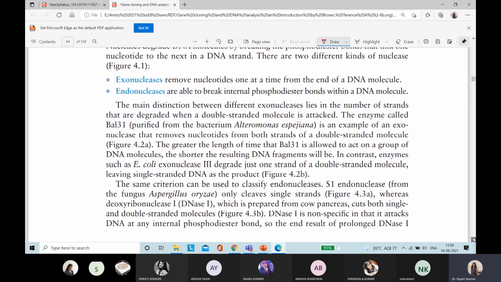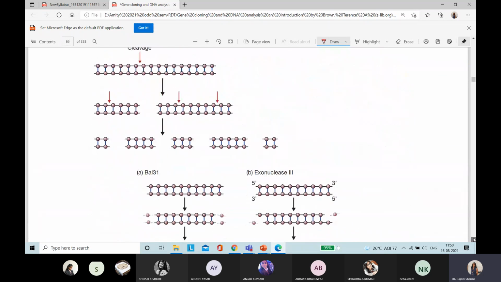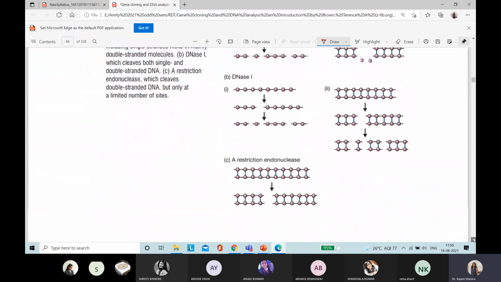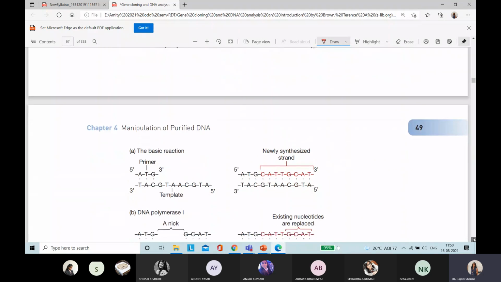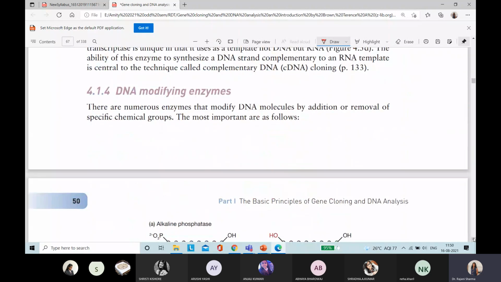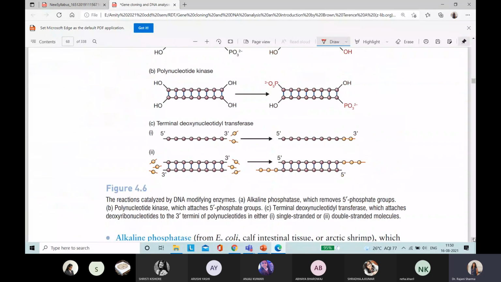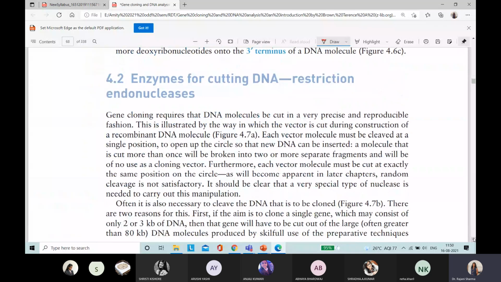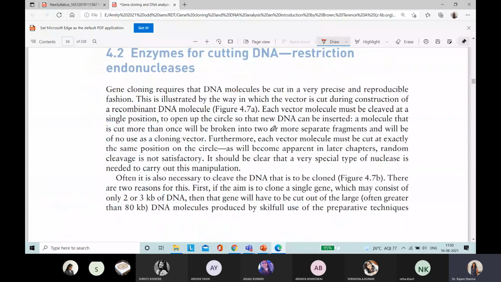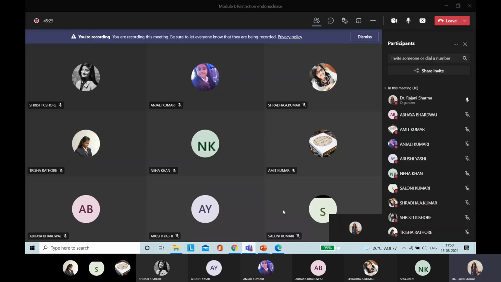Just skip from nucleases to the restriction endonuclease part. Leave the ligase and all in between. If you want to study it, it's better, but if you want me to carry on first, or you first go through the theory part and then I explain enzymes for cutting the DNA, restriction endonuclease, next is on page number 68. So if you don't have any doubt, we can leave.